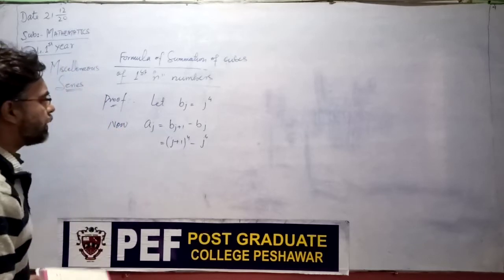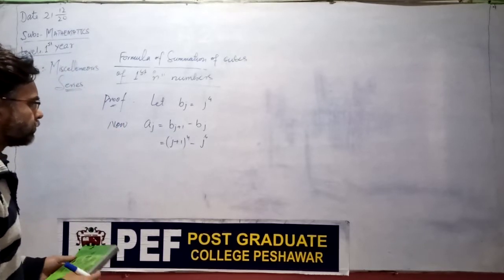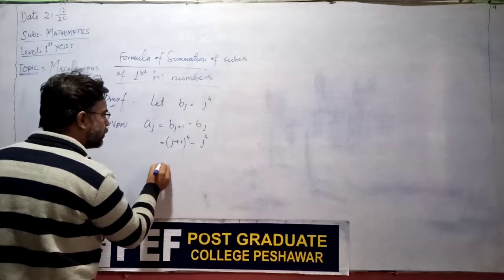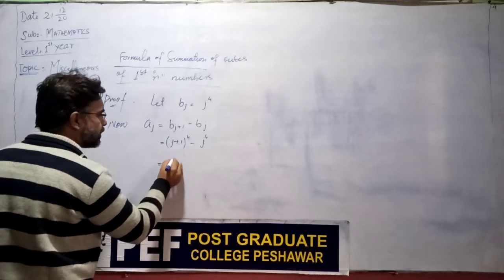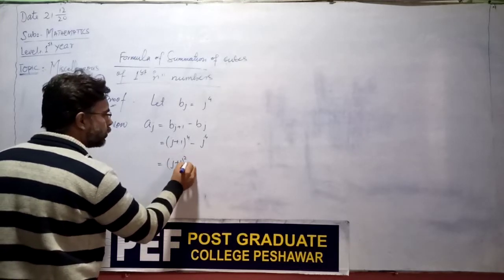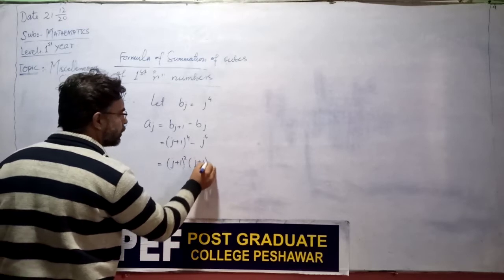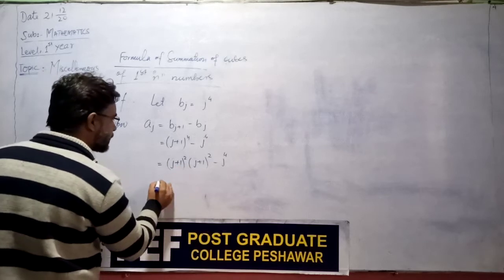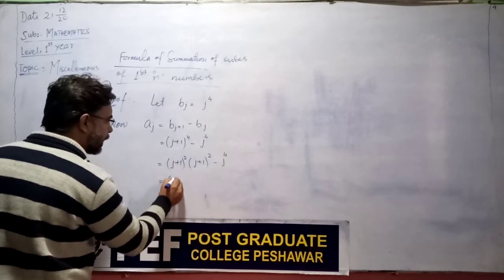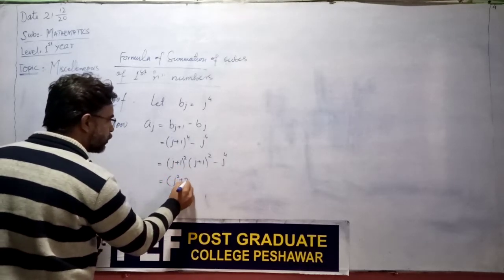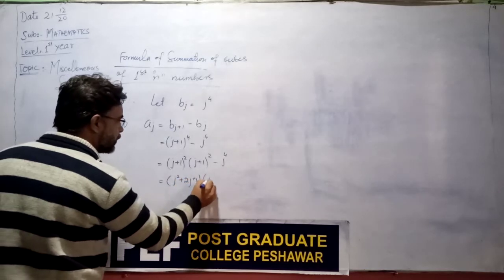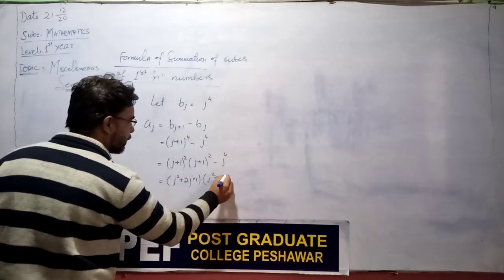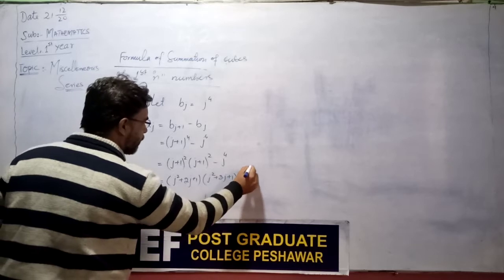Now I'll simplify this. You know that this can be written as (j+1)^2 (j+1)^2 - j^4. Opening by formula, you know well, (j^2 + 2j + 1)(j^2 + 2j + 1) - j^4.